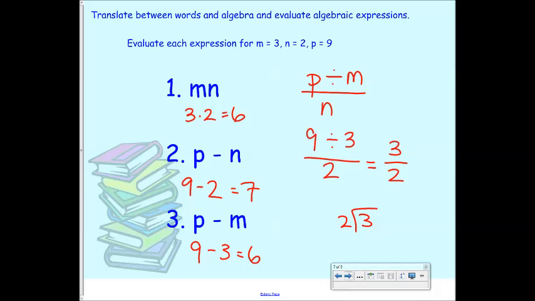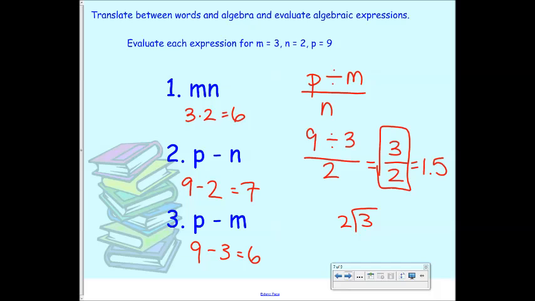Does anybody remember from yesterday what this is? 1.5. All right, 1.5. Could you leave it at 3 over 2? Yeah? What is 3 over 2? Improper fraction? I'm fine with improper fractions. So you can leave it like this. I'm saying you don't have to simplify it, but could you leave it as something if it were like 6 over 9?